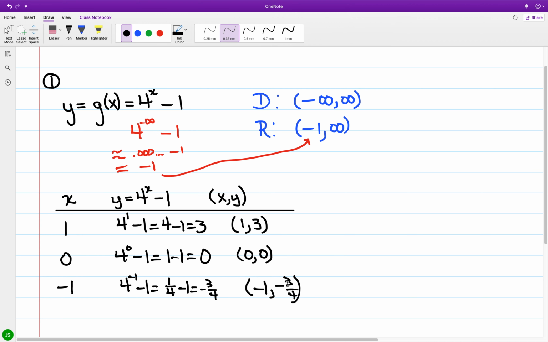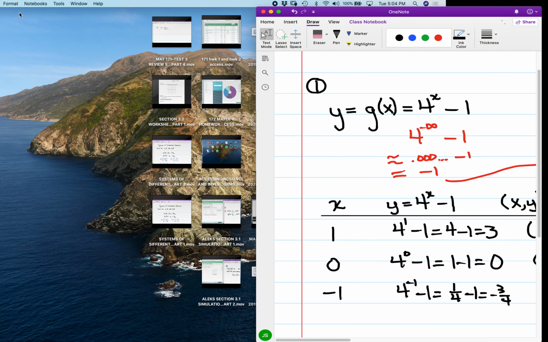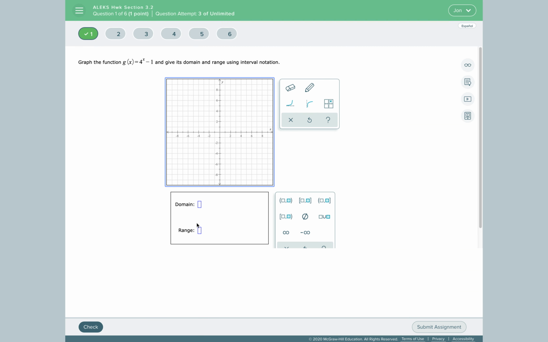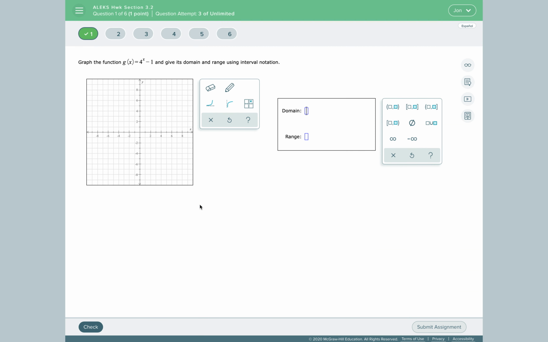Now referencing back to the graphing, again, for the domain we have the set of all real numbers, going from negative to positive infinity.